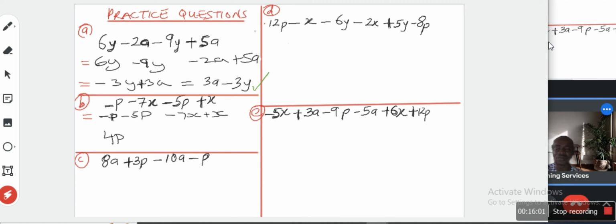When you owe 1 and you owe 5, what's the result? Imagine you are owing a friend 1 pence and you're owing another friend 5 pence. So what's the result?